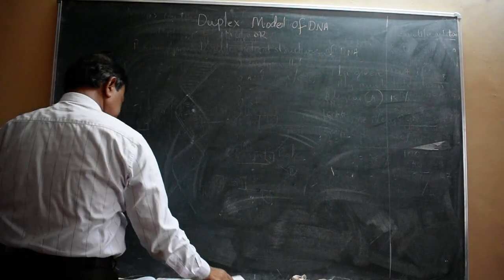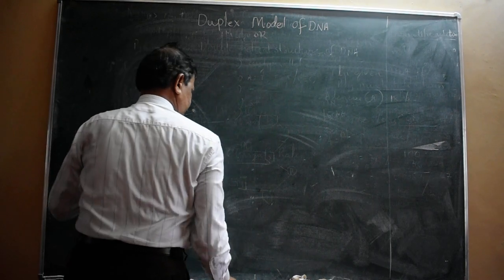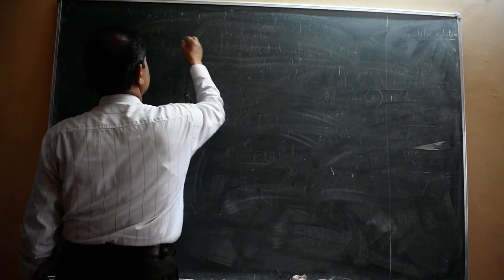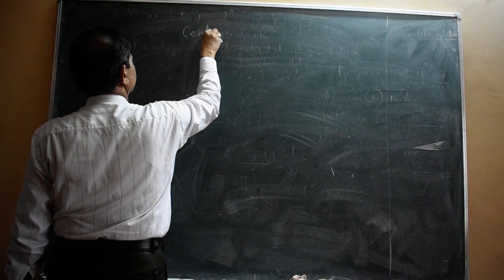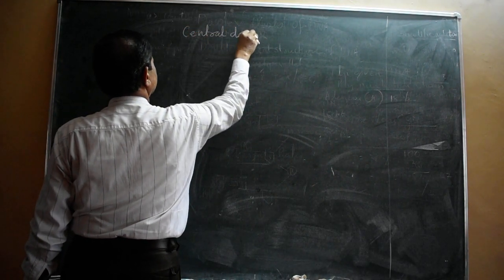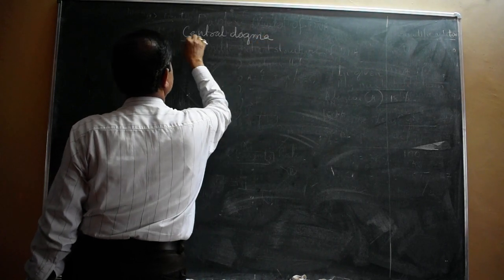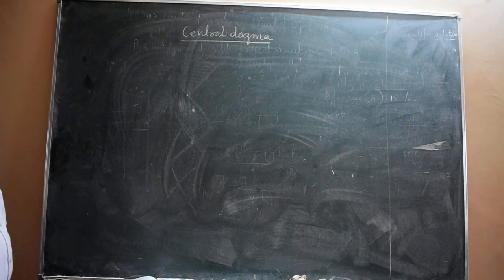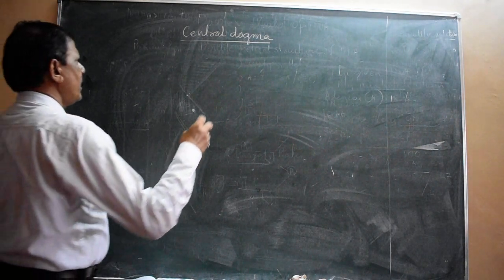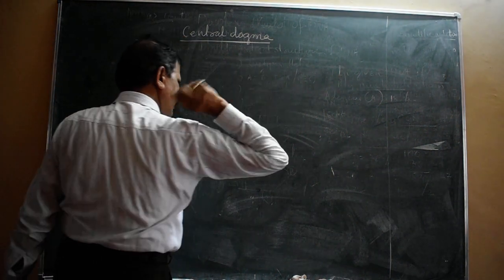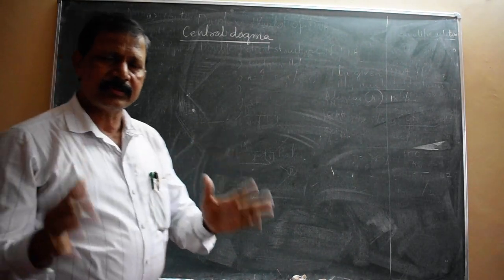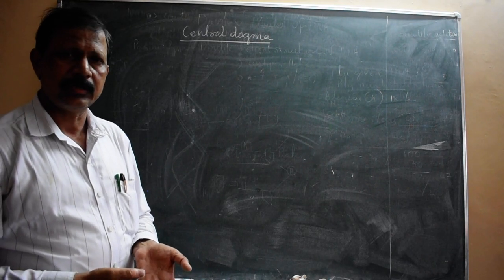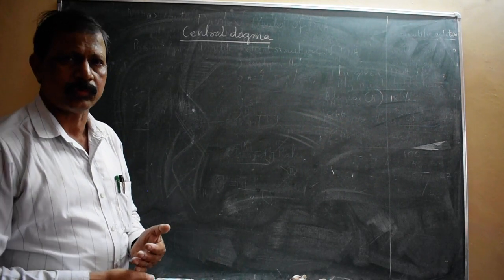And next, the central dogma. Next one is the central dogma. What is this central dogma? Central dogma means in any given cell, during the process of metabolic reactions, the DNA plays a very important role.